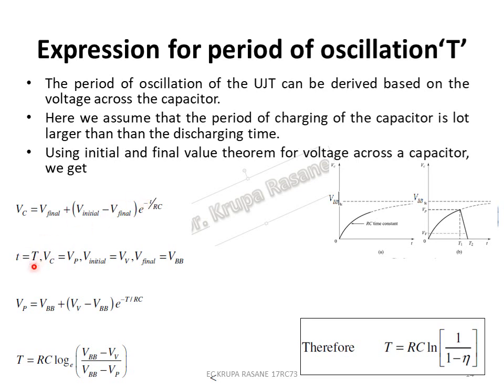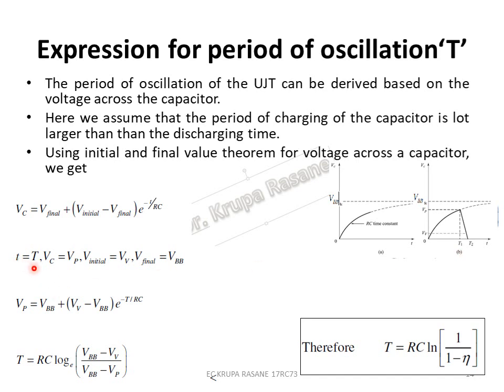So t is equal to capital T, and Vc is the capacitor voltage, which is going to charge to V peak. It is trying to charge to VBB, since its final value is actually VBB, but when it reaches the value of V peak, it is going to discharge. The initial value we consider as the valley voltage, because it will not discharge fully, only till VV.